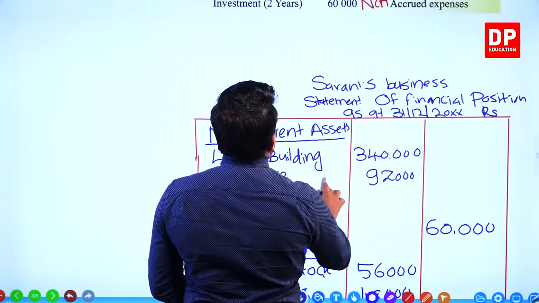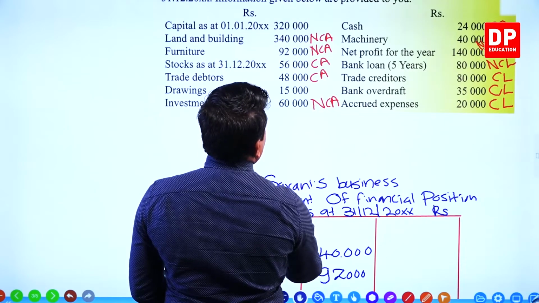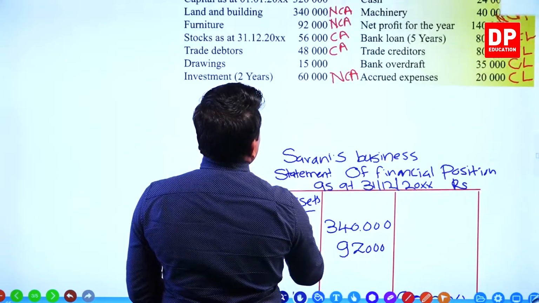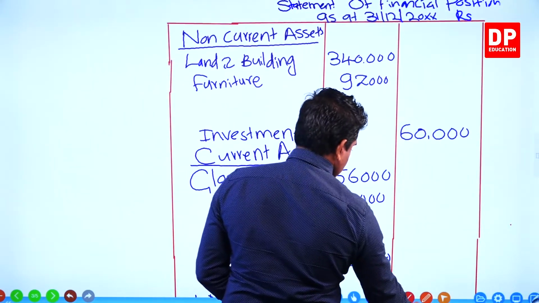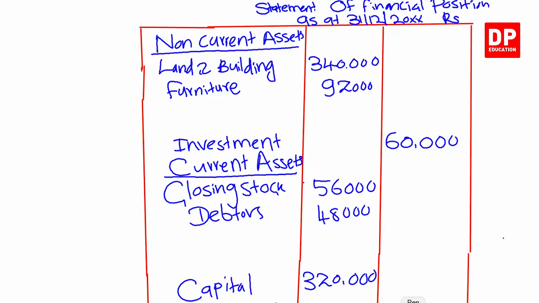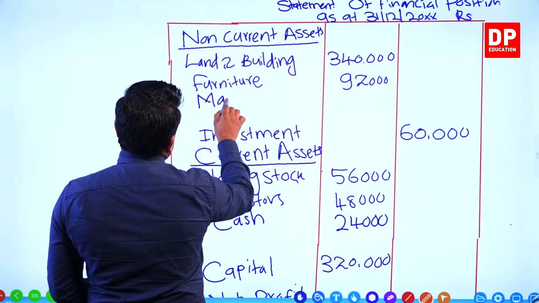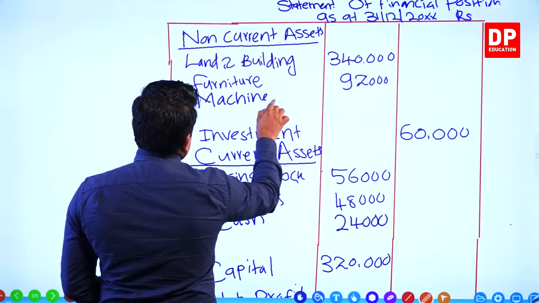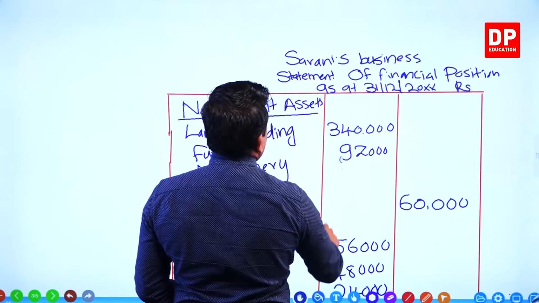Now next one. Cash 24,000, machinery 40,000. Cash 24,000. Machinery comes under the non-current assets. Right? I remember 40,000, but we want to check it again.